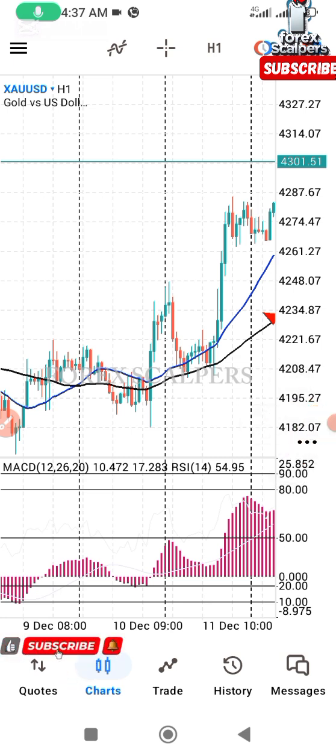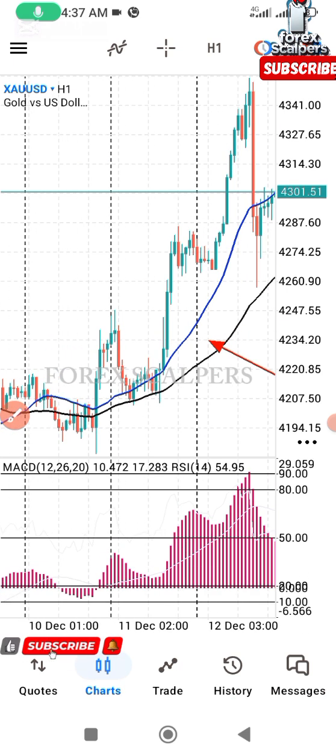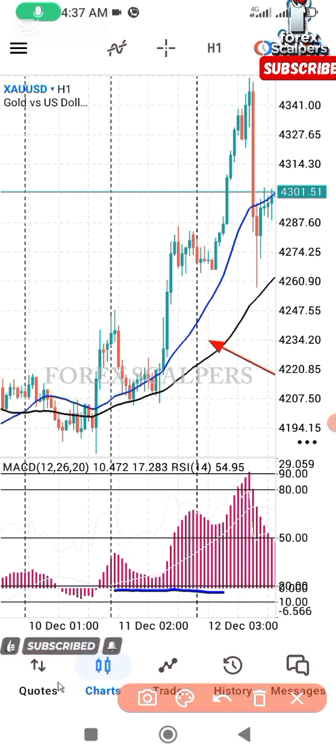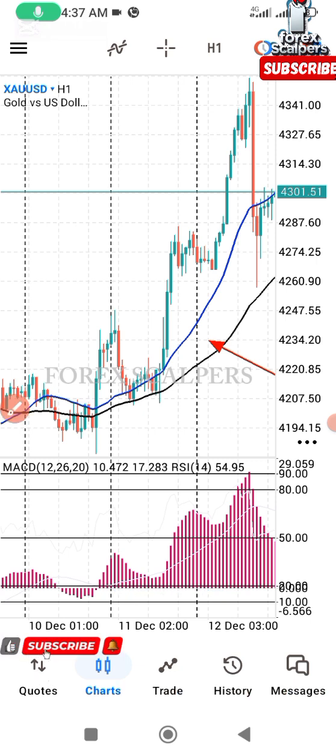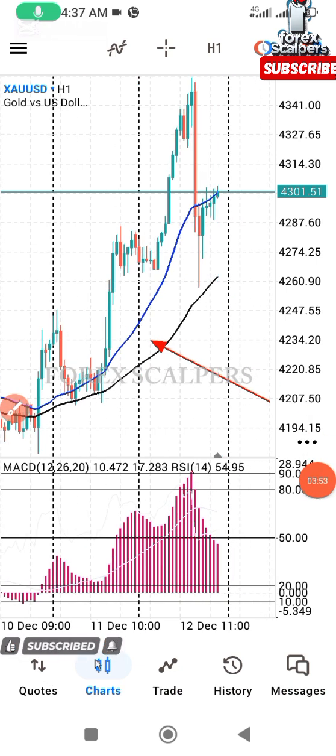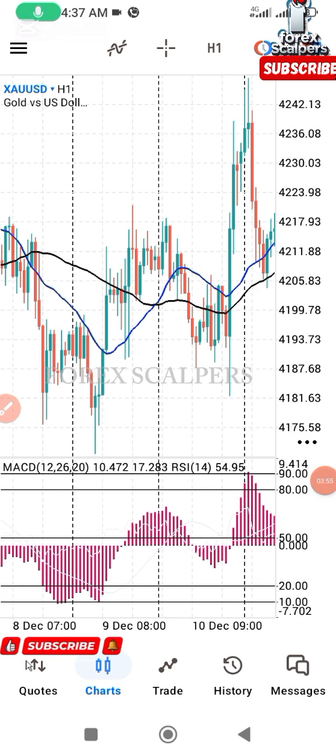So your additional confirmation tool becomes what? Your MACD indicator. So you use this MACD indicator to filter any entry that you want to make. Like in this scenario, your MACD is not permitted to cross below the zero level of the MACD. If you pay attention carefully, the MACD indicator has a zero level.